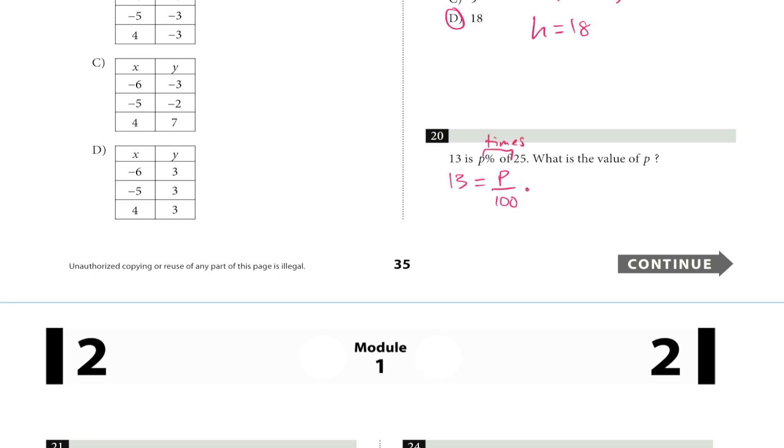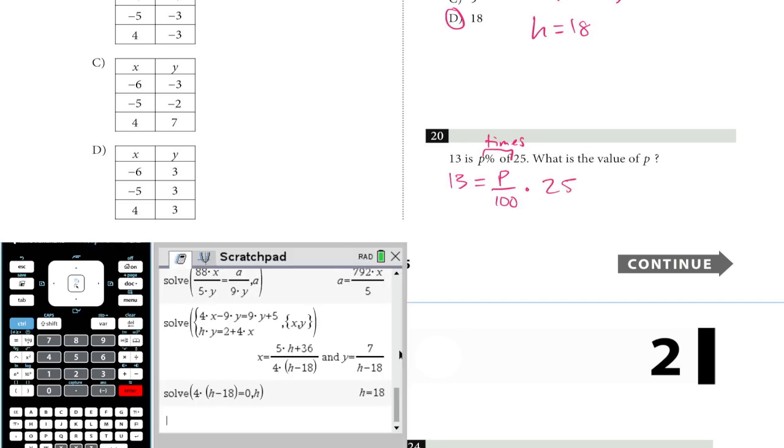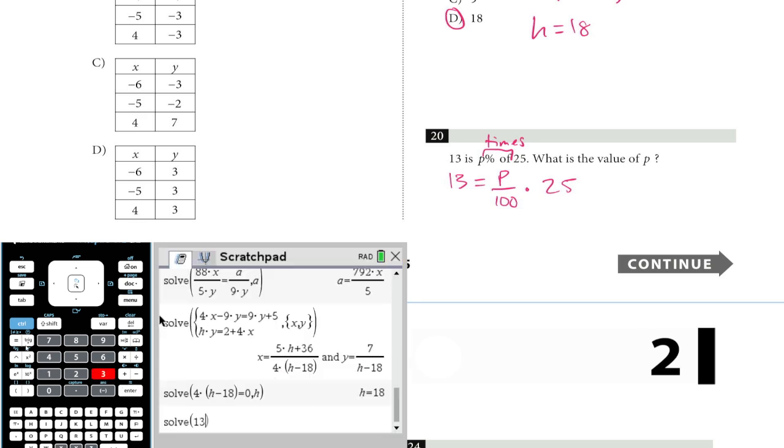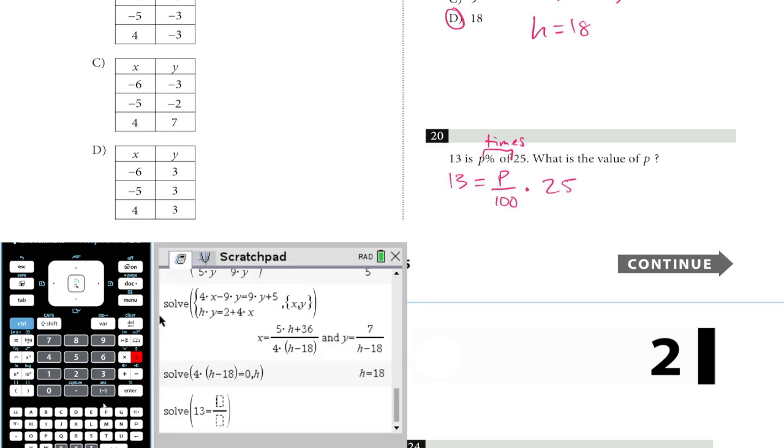So that's going to be times 25. And again, we just made another equation, so we can now solve for p. So menu 3, 1, 13 equals control divide p over 100 times 25, comma p.